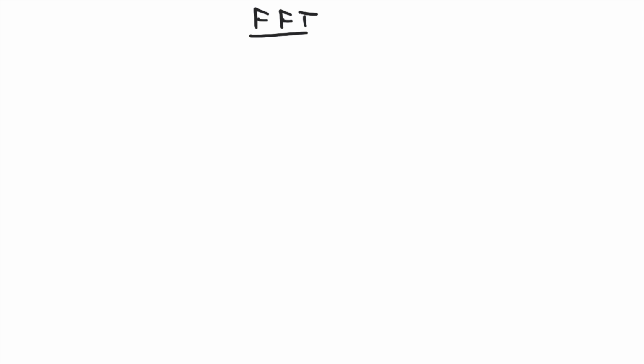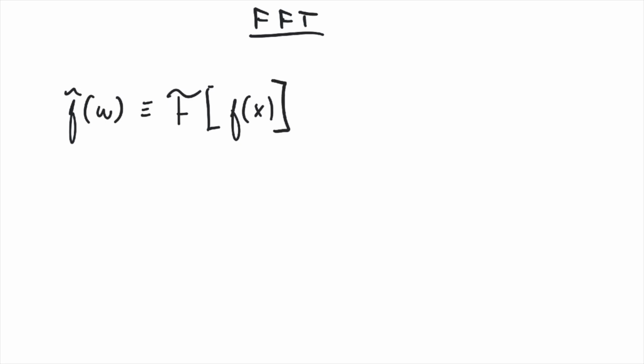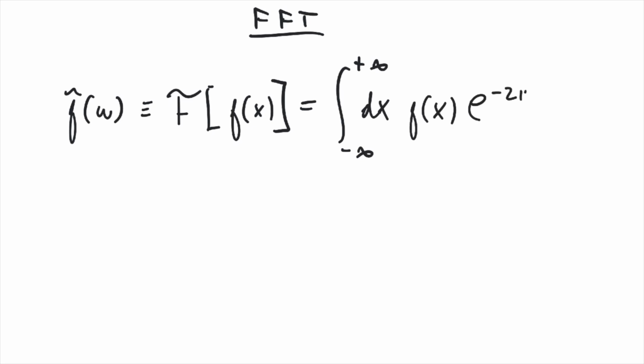So a Fourier transform of some function I will call f of omega, and this is defined by the Fourier transform operator acting on some function f of x, and this operator computes the integral from minus infinity to plus infinity over the variable x of the function that I originally have times some exponential factor, which in my conventions will be 2 pi i x omega.